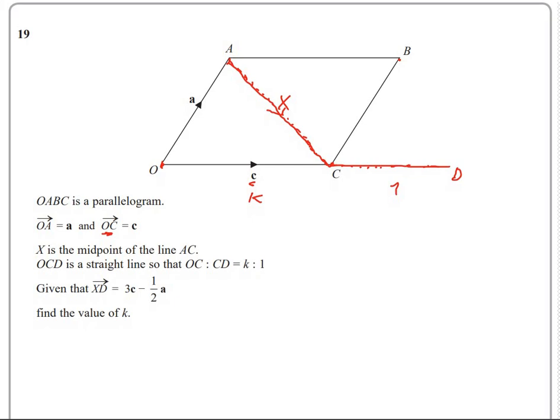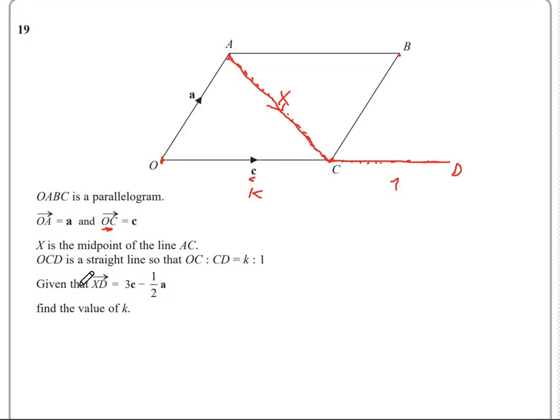So what else do we have? We have, given that XD, where's XD? Again, we don't have XD here. XD would be from this point to this point. So we can just fill in another line. I'll do this in a different color.